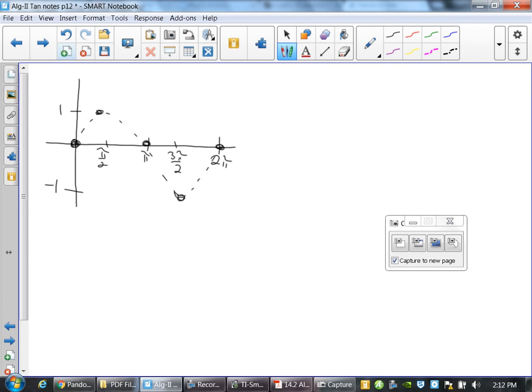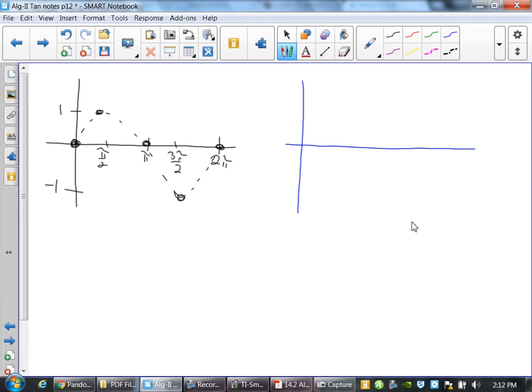Versus a cosine graph, that does that. What I want you to notice is that in a sine graph, how many values share the same y value? 3 of them.